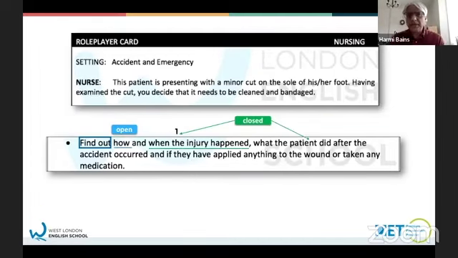You're going to find out how the injury happened, when it happened, what the patient did, and if they've applied anything to the wound or taken any medication. So actually what you've got there, when you look at it closely, you've actually got 4 different questions you need to ask. And again, you need to really be aware of your questions.